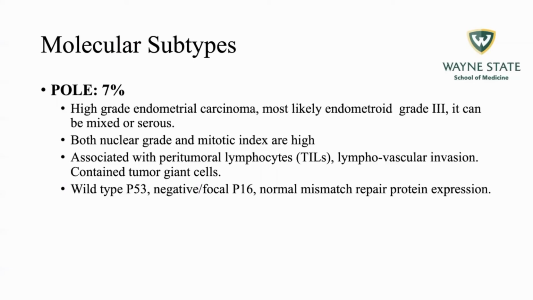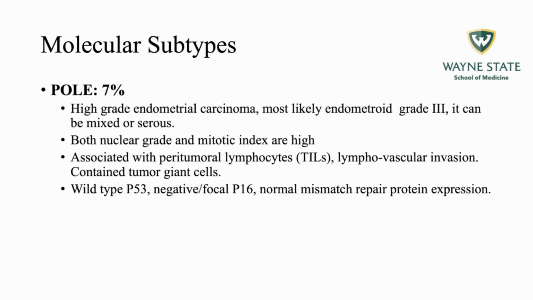Both nuclear grade and mitotic index are high a lot of the time, and it is associated with peritumoral lymphocytes, TILs, and lymphovascular invasion, in addition to giant cells a few times.